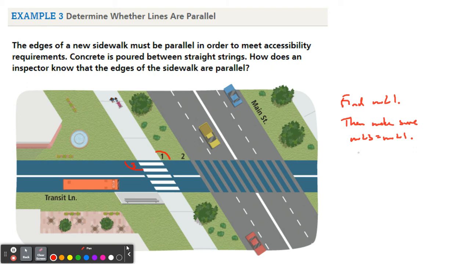Thus, this would make angle 1 congruent to angle 3, and by the converse to the alternate exterior angles theorem, the sidewalk edges would be parallel.